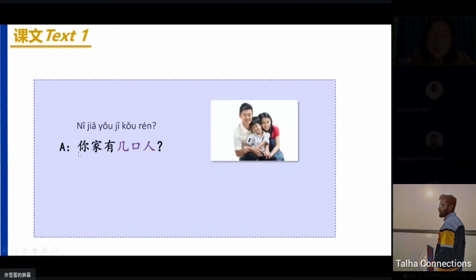Now, okay, I'll read it again. 你家有几口人？你家有几口人？跟我读, read after me. Which means how many people are there in your family? Now let's answer it.